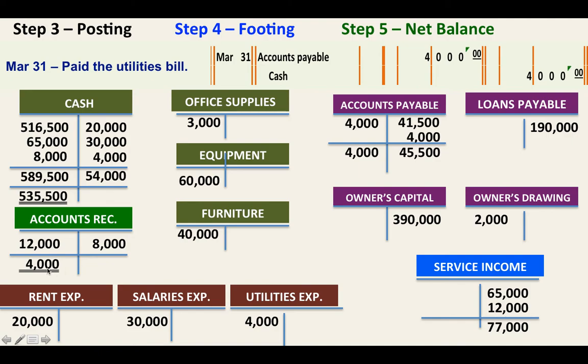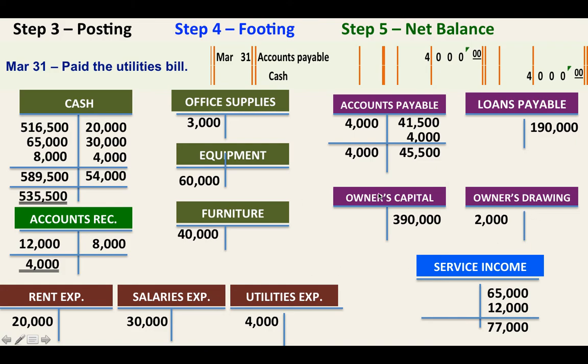Again, class, to emphasize, you have to expect that the net balance of assets will have a debit balance, and expenses will have a debit balance. Liability, revenue, and owner's capital will have a credit balance. Owner's drawing, because it's a contra account, will have a debit balance.